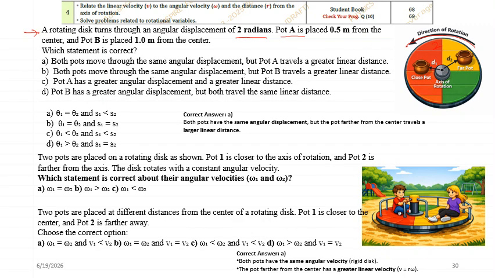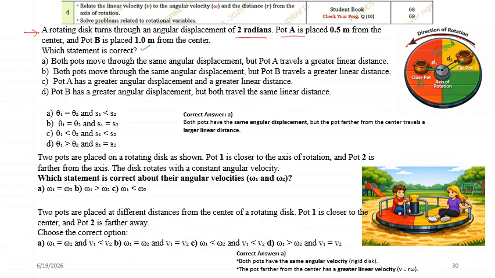You know, 2 radian will be approximately how much? 1 radian is 57 degrees, so 2 radian is around 115 degrees, approximately. Now port A is placed at a distance, so this is port A, closer, and port B is placed at a distance of 1 meter, this is far away. Now which statement is correct about this motion?